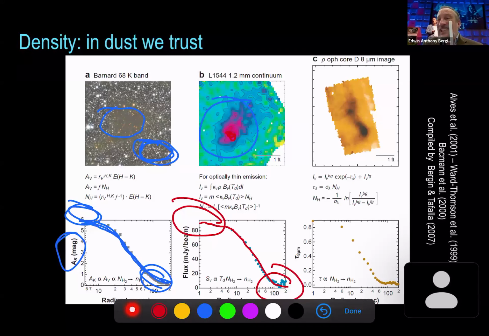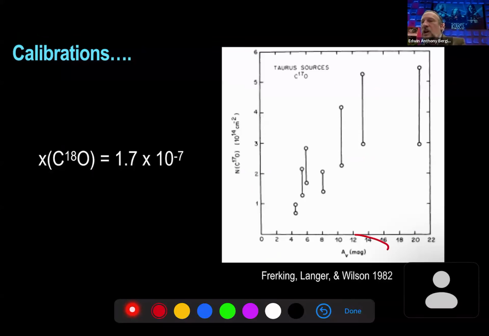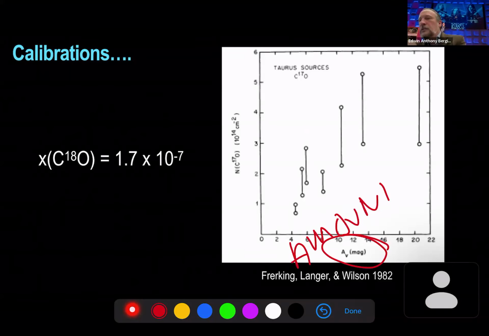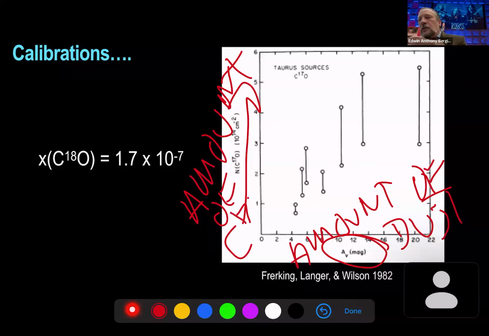Okay, so then the neat thing is, we're able to basically use the dust. This is the amount of dust in this figure, and this is the amount of C18O in this case. All right, and this work here, this is a classic paper that's lost to the sands of time.